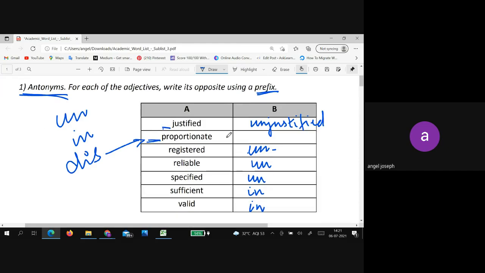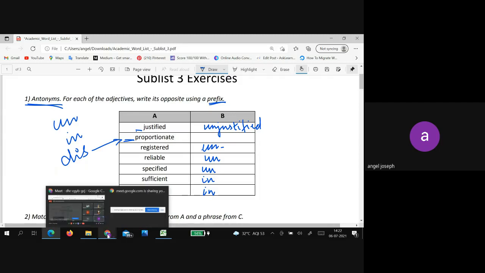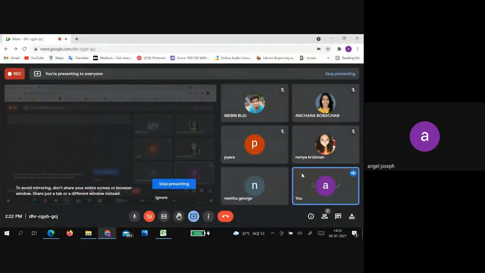So don't worry about the document. I'll send the document to whoever wants to go through it. Like I said, Neetu, Mebin, Anjana have already asked me. Ramya is there. Ramya got disconnected. Are you back? Ramya, you're back? Yes, Ramya is here.